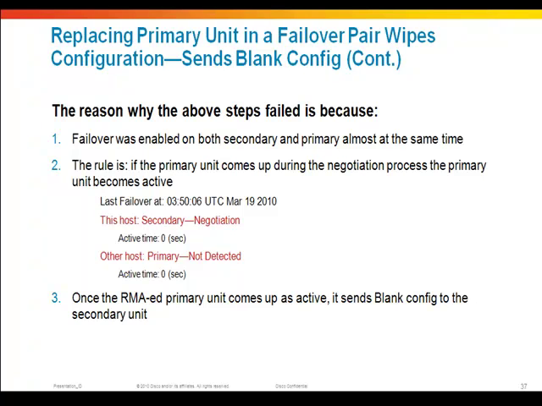Now, the reason is failover was enabled on both units at the same time, and whenever the primary unit in the failover pair comes up, it takes over as the active. So this is expected behavior whereby the blank config from the primary unit that just got replaced gets written on to the secondary unit.